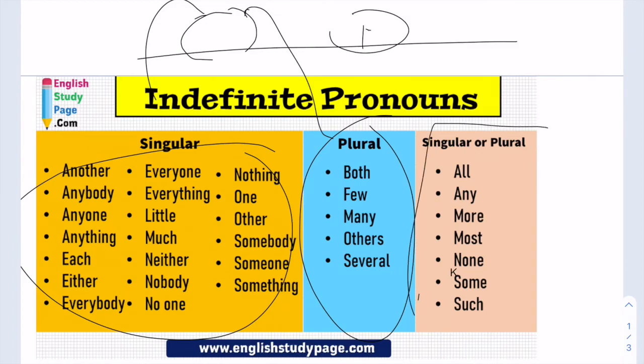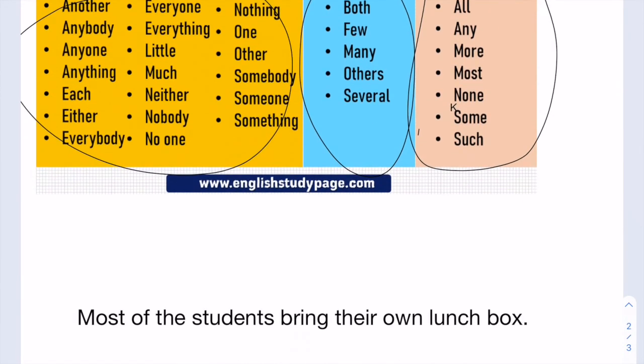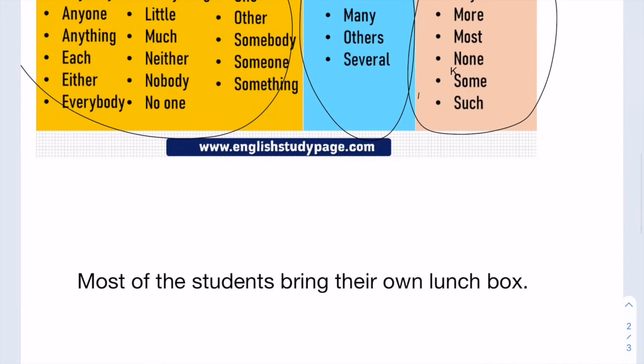And these ones are a little bit tricky. These are dependent ones that can be either singular or plural depending on the prepositional phrases. So if you look at this sentence, "Most of the students bring their own lunchbox." What does this mean?